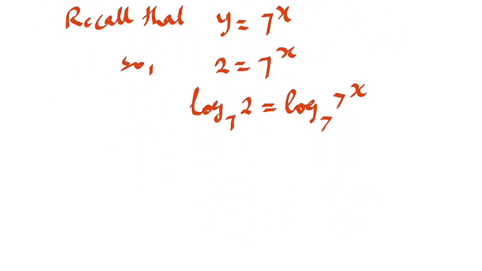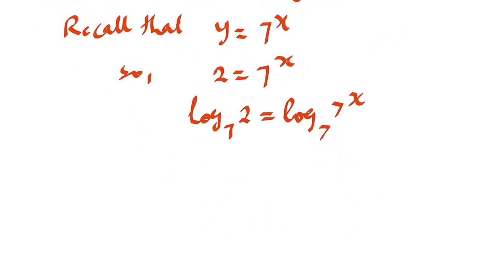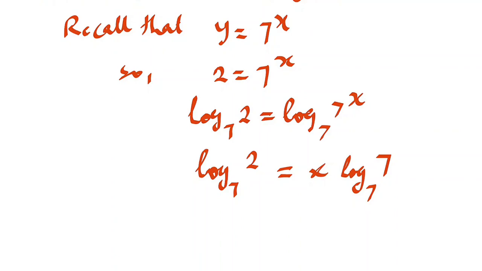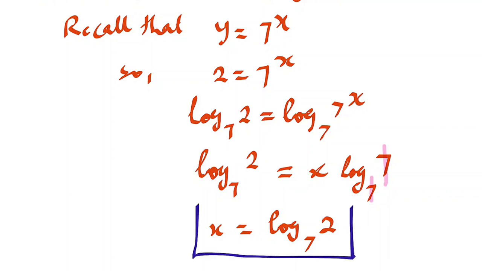So from there, we're going to have log base 7 of 2 equals x log base 7 of 7. You can see that this cancels, it becomes 1. So we have our value of x to be log base 7 of 2. That is one of the solutions we have.